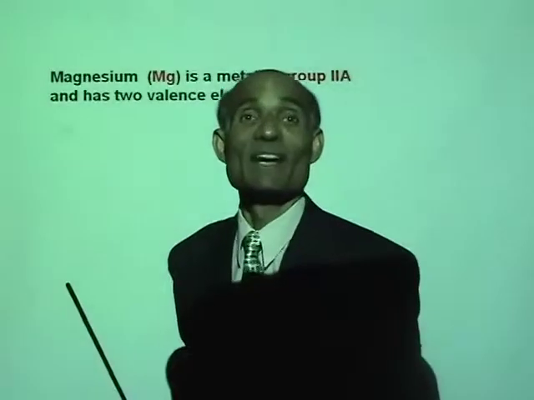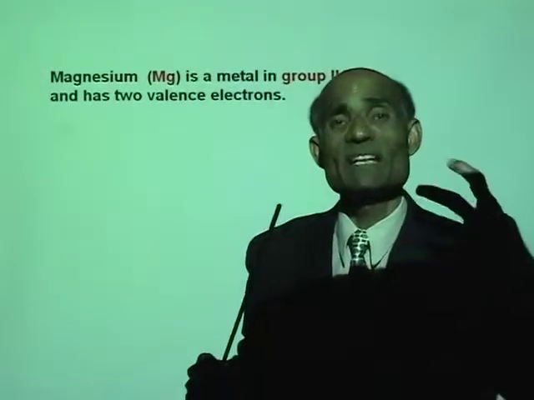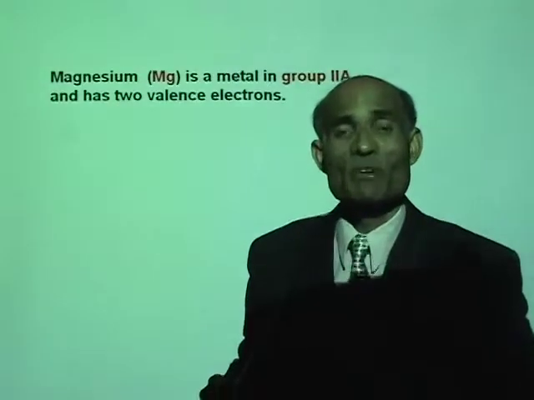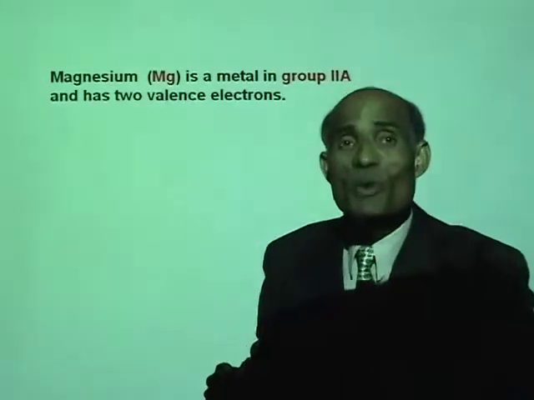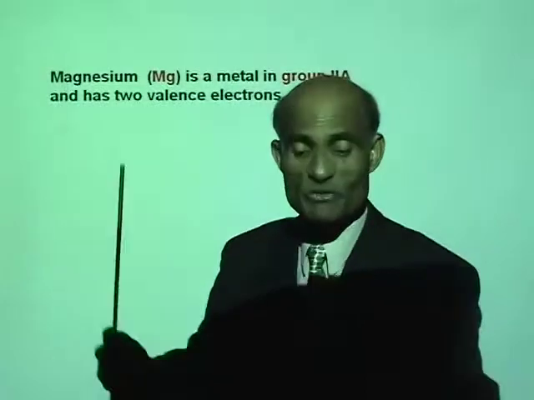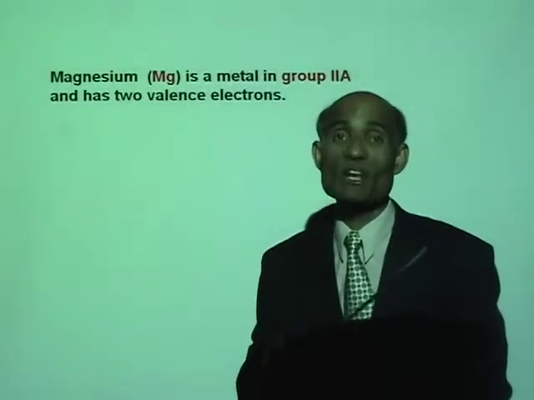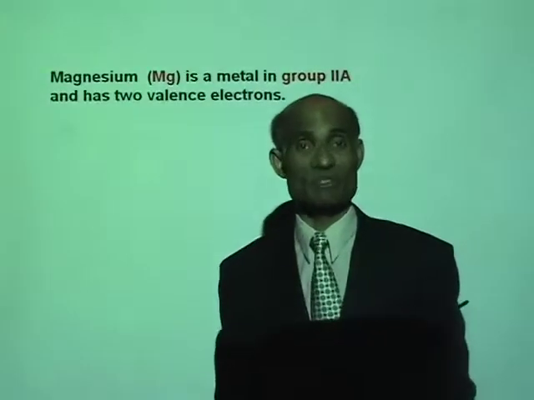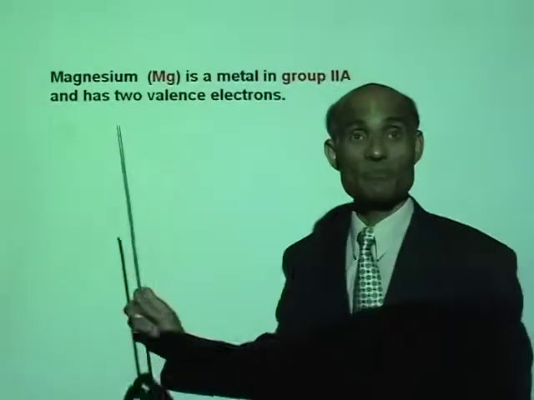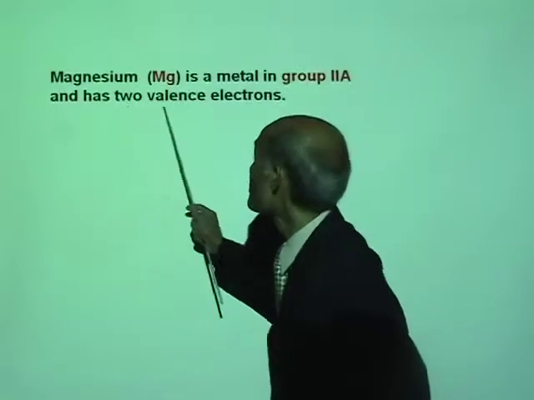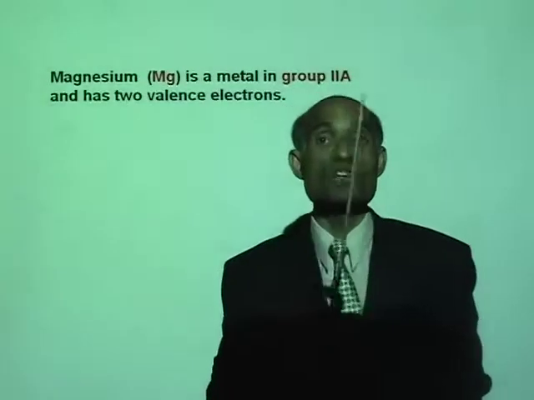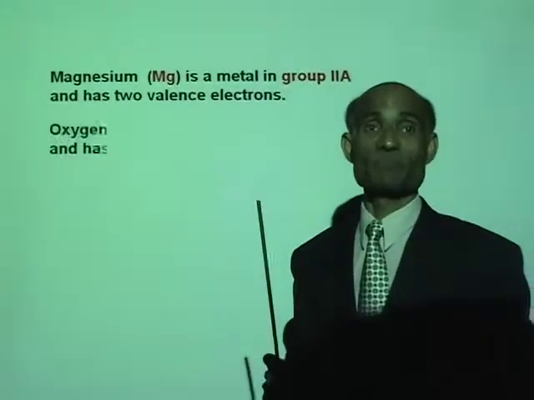Let's now look at what happens when magnesium, which is a group 2A metal, meets with a non-metal. How many valence electrons are there for magnesium? Anybody tell me? Well, it has two valence electrons. It is a group 2 element.